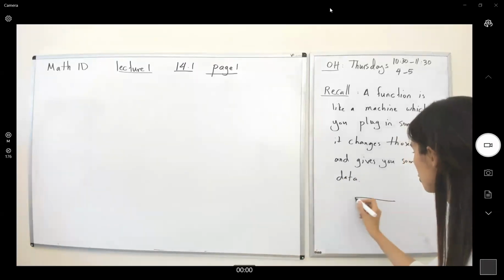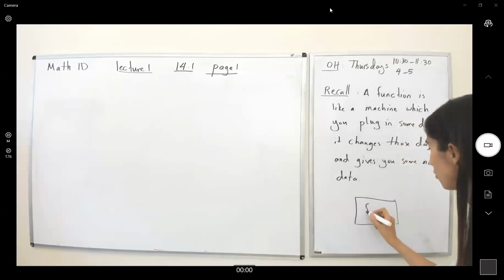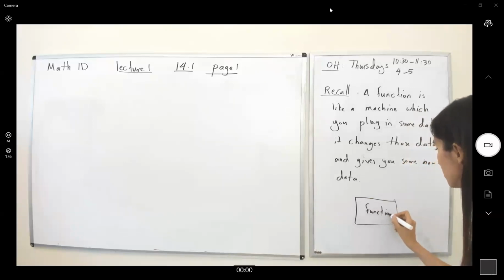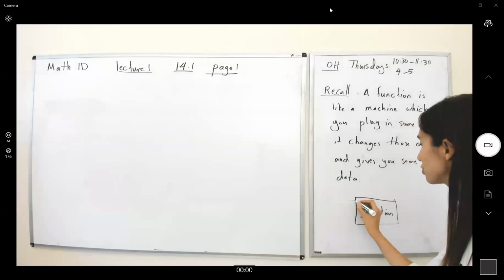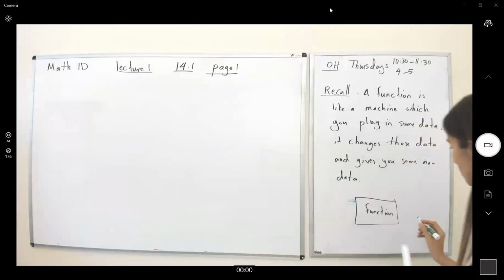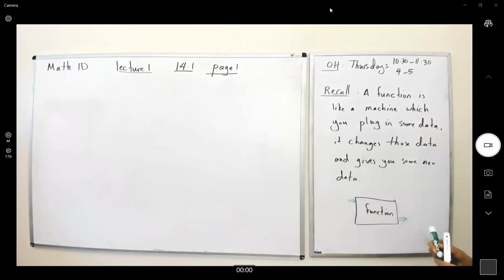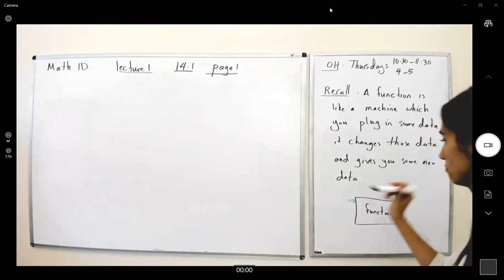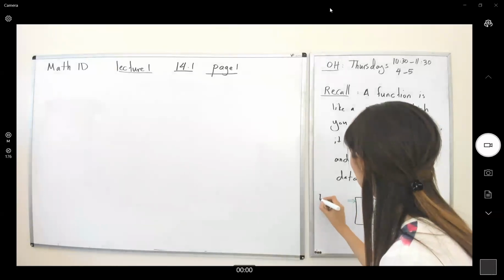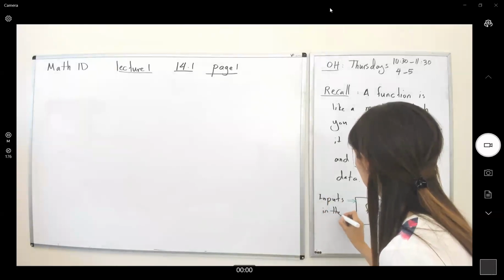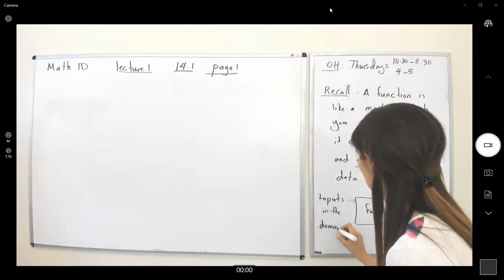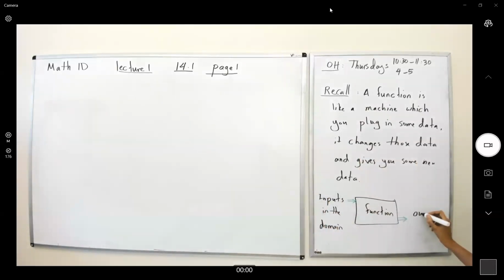Here you have your machine, your function. You have some data entering the function and some outputs. Inputs in the domain and outputs in the range.